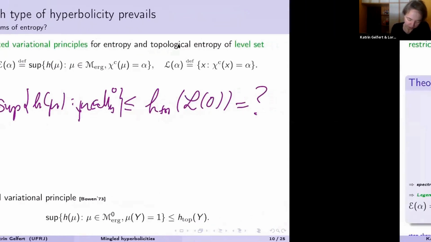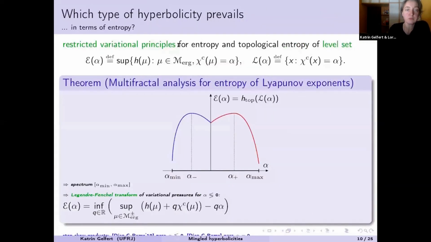And instead of writing a complicated theorem, let me just make a picture of the result that we show. This is not visible. I don't know why. The references are not visible. So this is Díaz, Gelfert, Rams from 19, and Díaz, Gelfert, Rams just submitted.